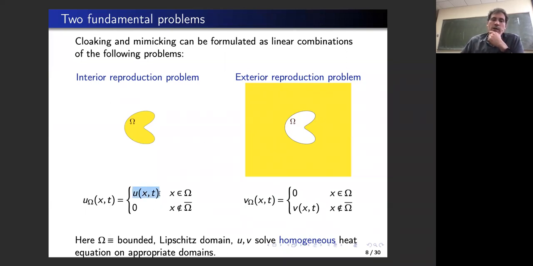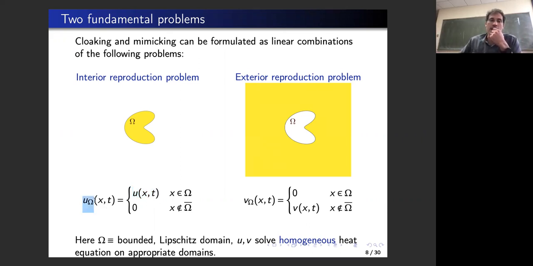If you give me a solution u to the heat equation on some domain that contains omega, with no sources, meaning the source term is 0, the question is whether I can find some distribution of monopoles and dipoles on the surface in here, such that I get that solution of the heat equation in this yellow region, and 0 outside. The 0 outside is important because we want to manipulate fields inside the region omega, but we don't want to mess up whatever fields we have outside of omega.